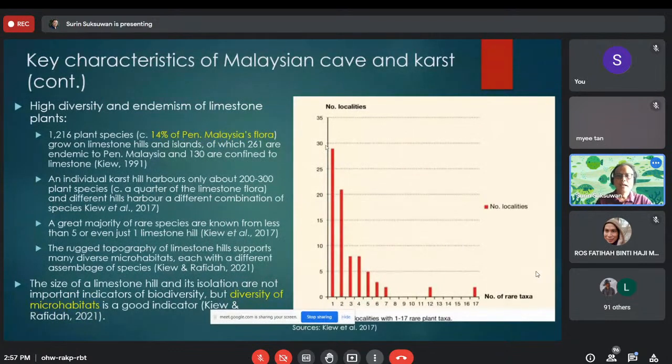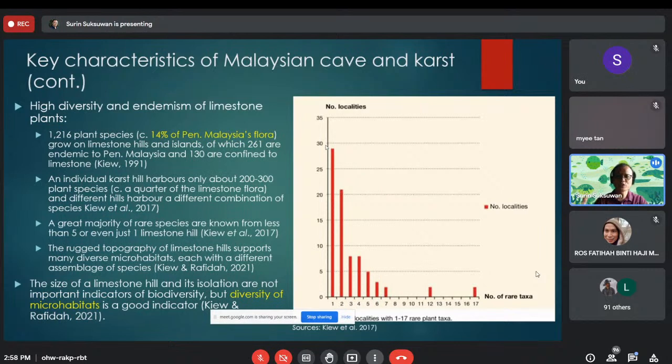Okay. Now, when we talk about limestone conservation, the complicated thing is this, because the plants are distributed in very complicated ways. So even though we have 1,216 plants on limestone hills, each hill may only have at most 200 or 300 plant species, right?